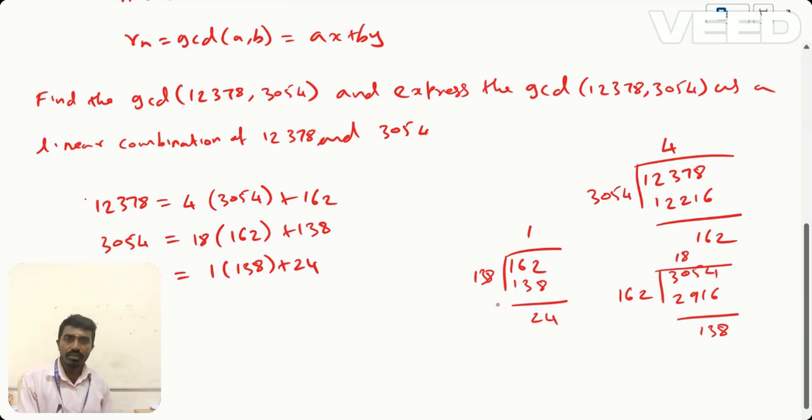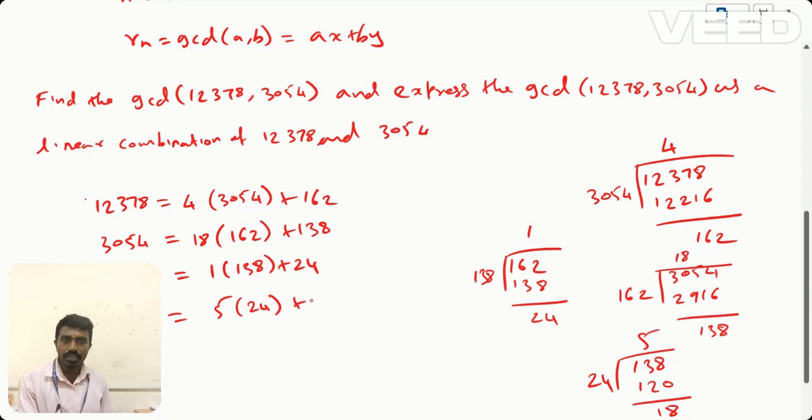Similarly, now divide 138 by 24. You get 5 as the quotient. If you multiply 5 and 24, that is 120, then the remainder is 18. So 138 can be written as 5 times 24 plus 18.